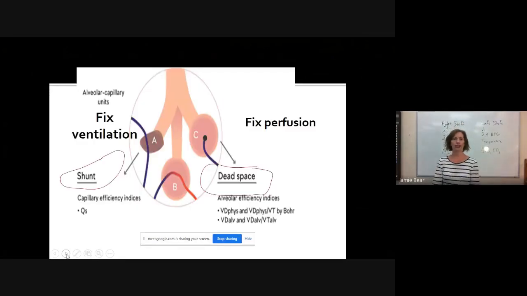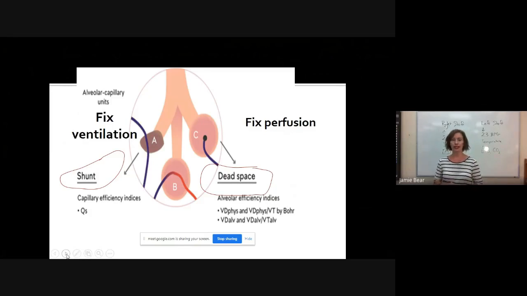Now we're going to go on and talk about something that we started talking about in chapter 2, which was ventilation. We're talking about dead space. Dead space is wasted ventilation. It's ventilation without perfusion. However, we have another whole spectrum to that, and that's something called a shunt.